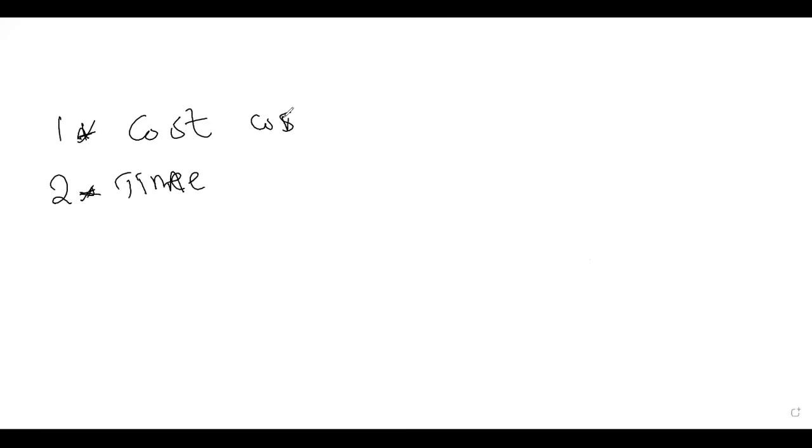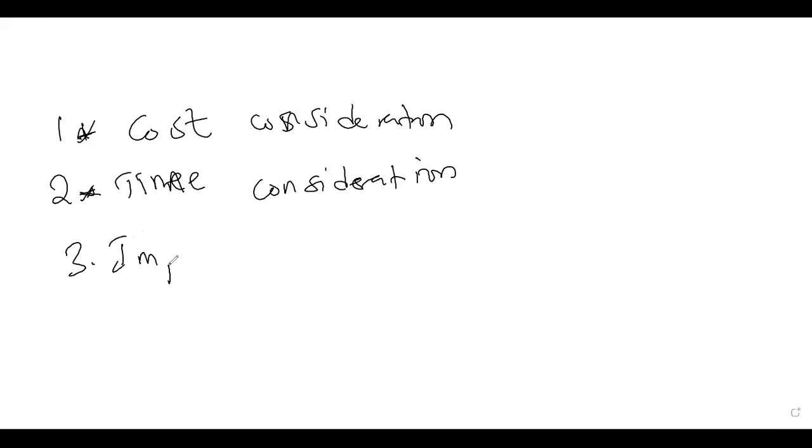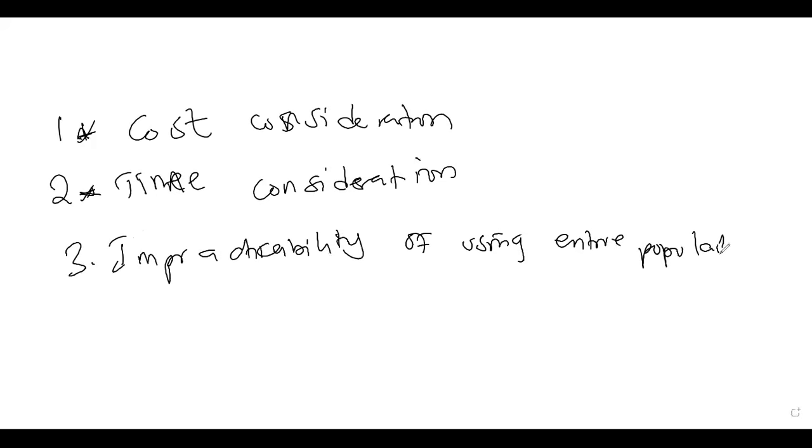So, cost consideration. We also have time consideration. Number three, we can sample because of impracticability of using the entire population. Sometimes it is just not practicable.